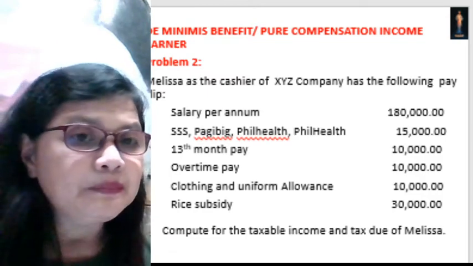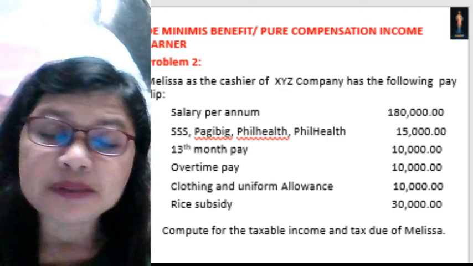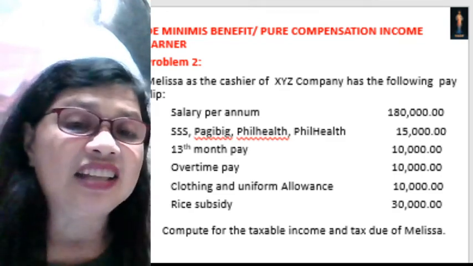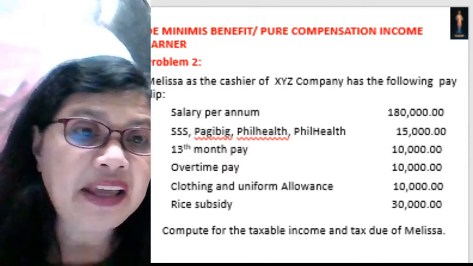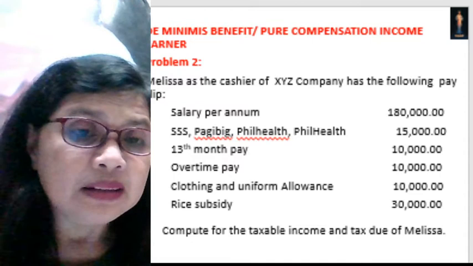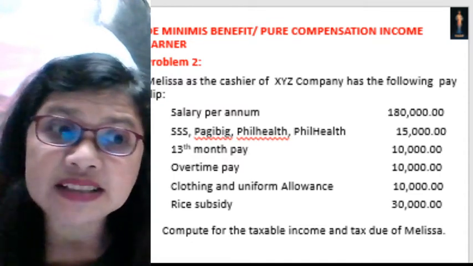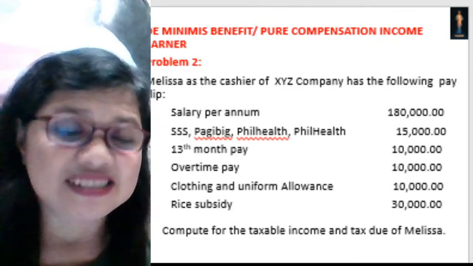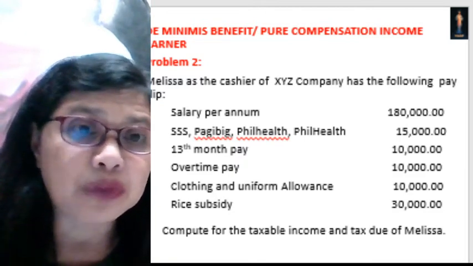What is the tax exemption for the salaries of minimum wage earners? Yes, it is 250,000. But it shows here 180,000. That means this person, Melissa, is what? Is she tax exempt or does she have to pay taxes? Okay, I'm giving you the hints or the clues so that you can solve the problem.